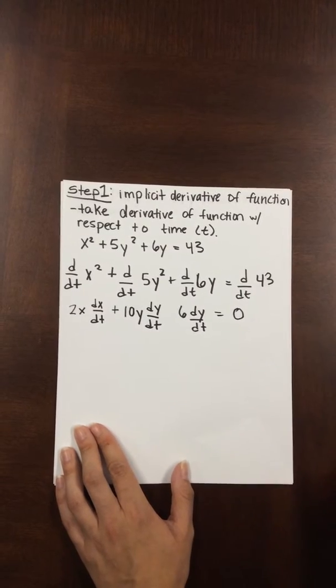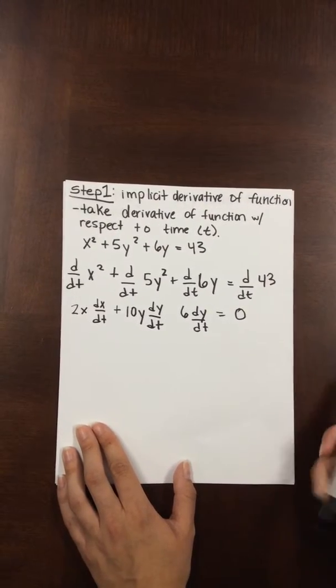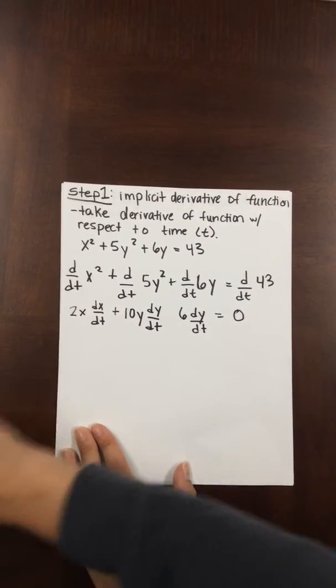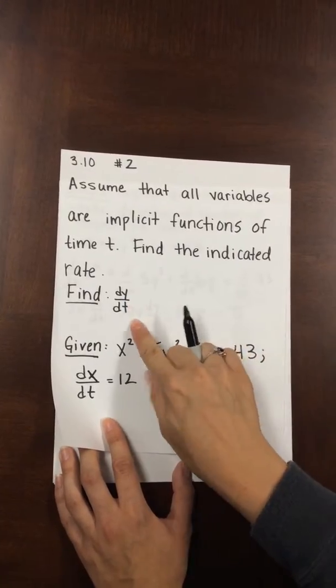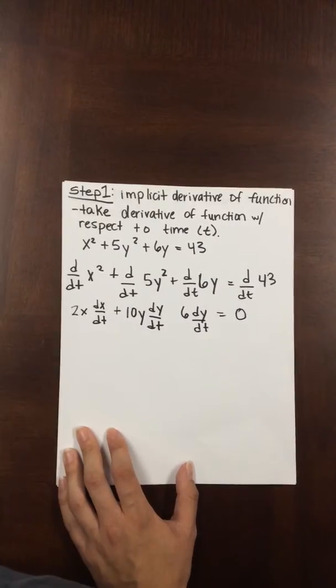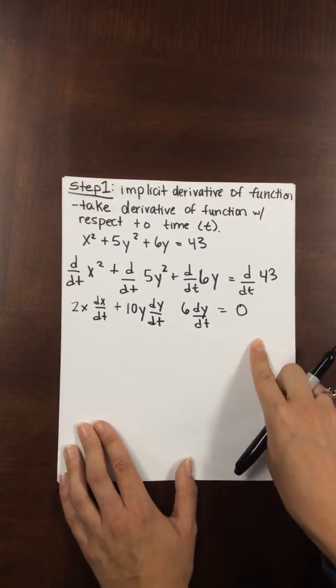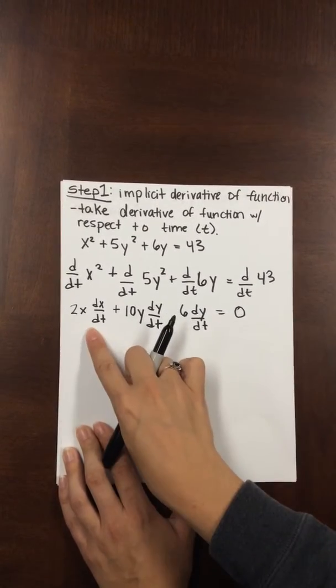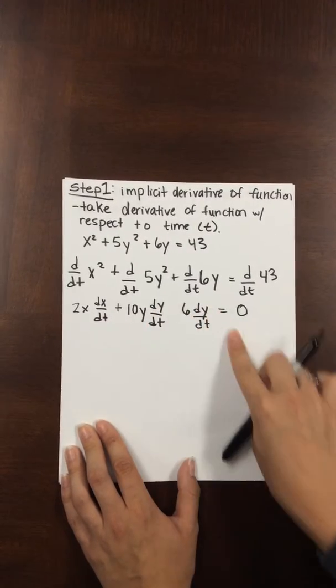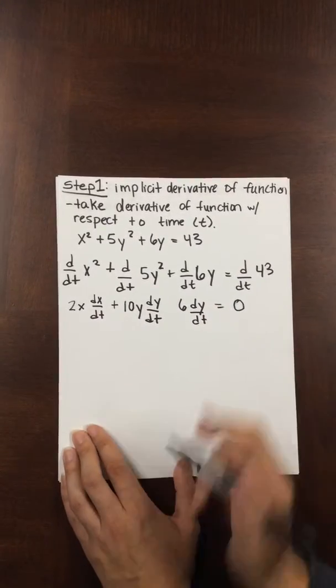Since we're trying to find dy/dt, we want to isolate that variable. So I'm going to keep the dx/dt on one side and move my dy/dt terms to the other side.